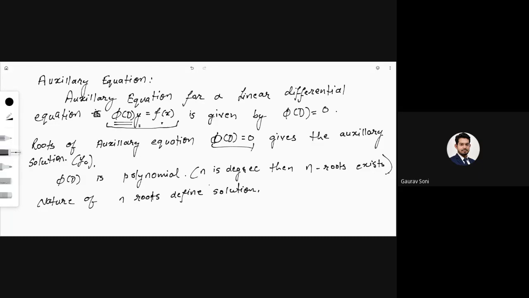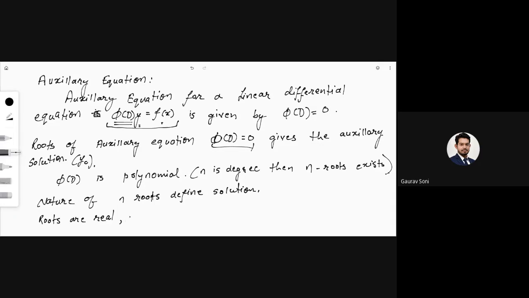Okay. So now I will consider the cases. You are well aware that the roots can be real. So what are the choices? Real roots can be there, say three roots and all three are real.